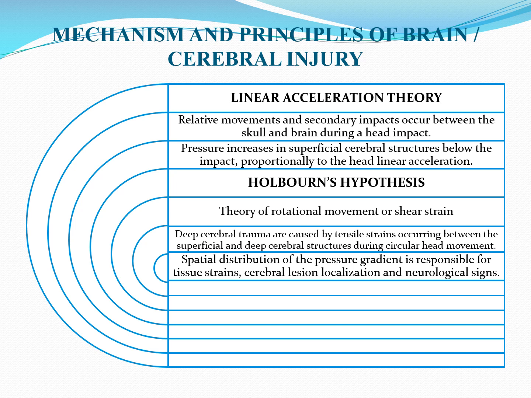So generally, it explains deep cerebral trauma caused by tensile strains, and the spatial distribution of the pressure gradient is responsible for tissue strain, cerebral lesion localization, and neurological signs.